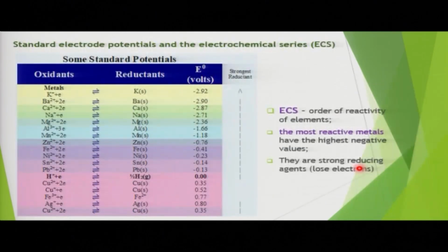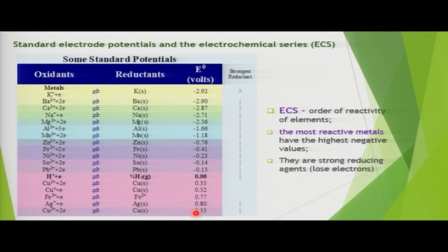As we conclude, these are the standard electrode potentials for different cations. You can see from potassium to lead, they are negative, then copper is positive, and so on. What you need to notice is the more reactive metals have a negative potential because they easily lose electrons compared to less reactive ones like copper and silver.